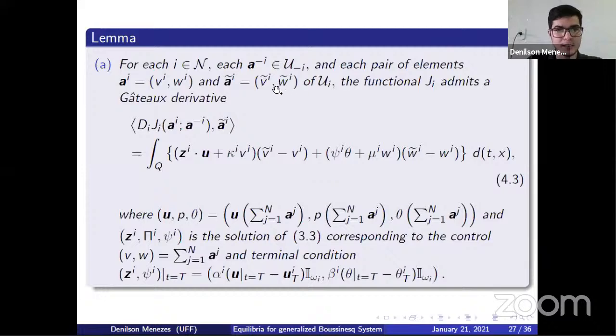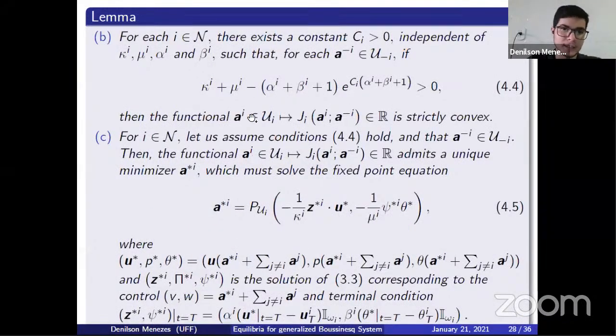If we consider these constants greater than 0, we can obtain this result that Ji in the entry i is strictly convex. So, as before, we can conclude results like this. i star i is the projection on Ui of this pair, where here U star, p star, theta star is a solution of our system with these controls, and Z star i, pi star i, and psi star i is the solution of our adjoint system with this control and this terminal condition.